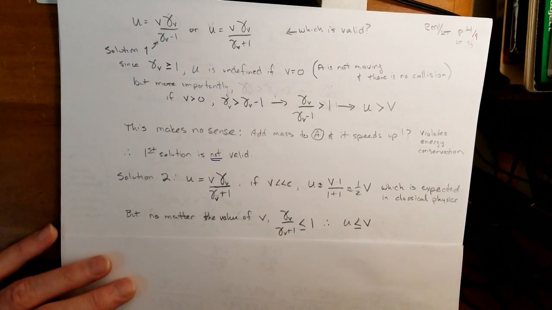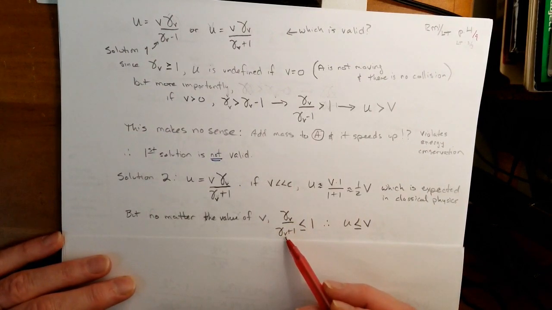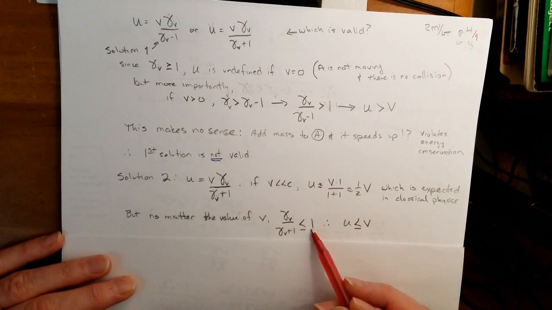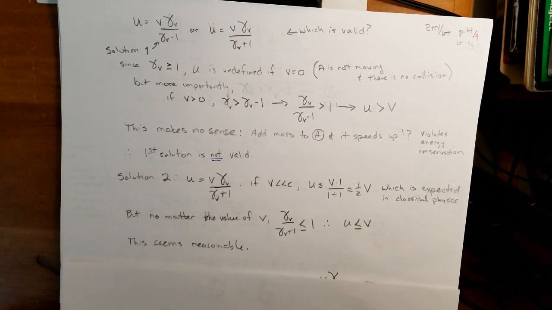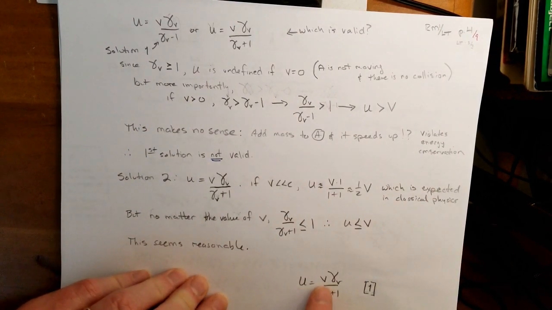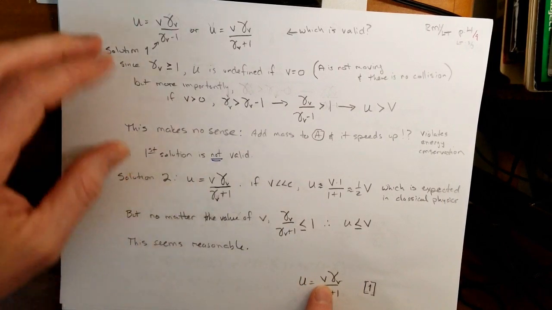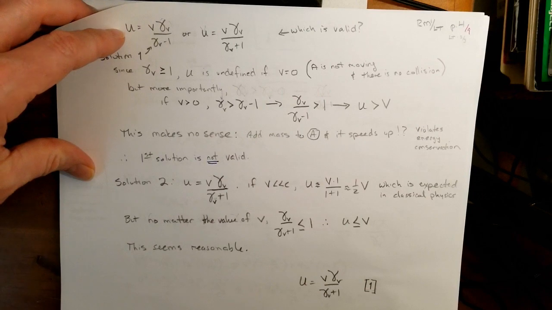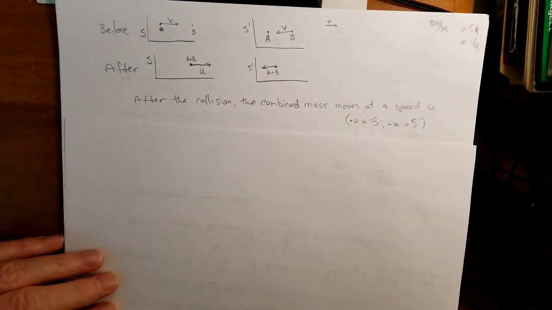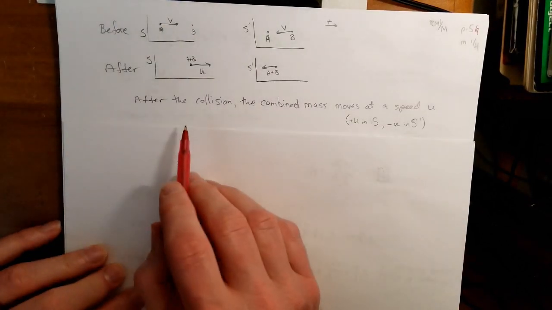In any case, gamma sub v over gamma sub v plus 1 is less than or equal to 1, therefore u must be less than or equal to v, and that seems reasonable. So we end up with the fact that u, the speed after the collision, is equal to the speed before the collision times gamma over gamma plus 1, and so we have a solution here. Ultimately, we're trying to figure out the relationship of the masses, and so let's keep going.